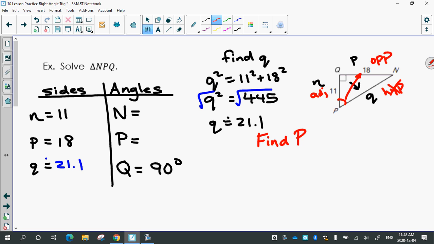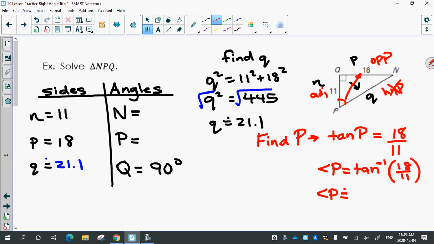But that means I'm going to use tan. So I'm going to go tangent of angle P equals 18 over 11. And then to find an angle, you have to do tan inverse on both sides. So I'm doing tan inverse on both sides, which means that angle P will end up being the tan inverse, that's a little -1, and then bracket 18 over 11.